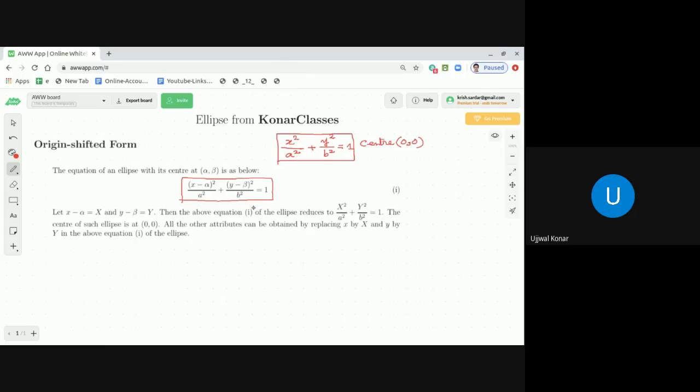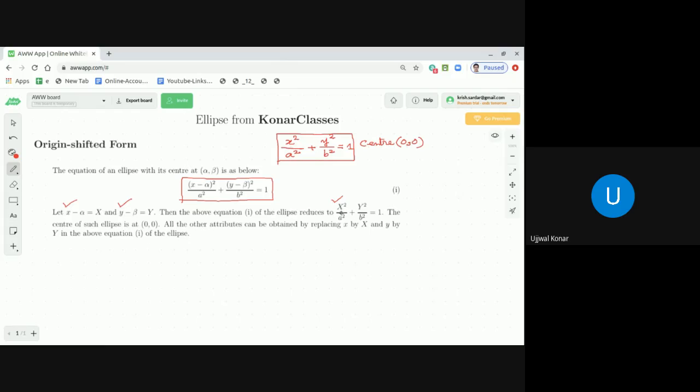Now, if we take x minus alpha equal to capital X, as I wrote here, and y minus beta equal to capital Y, then this equation transforms to capital X square by a square plus capital Y square by b square equal to 1.